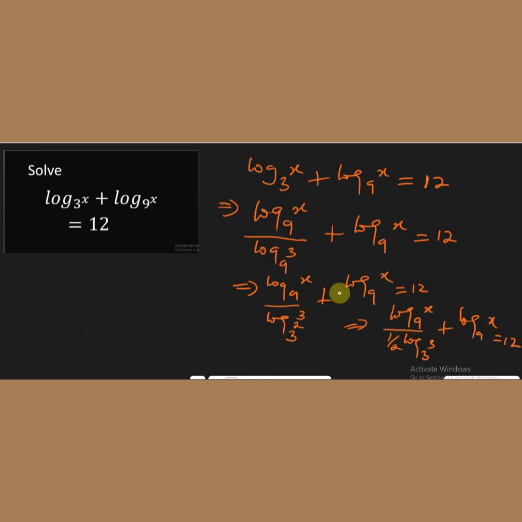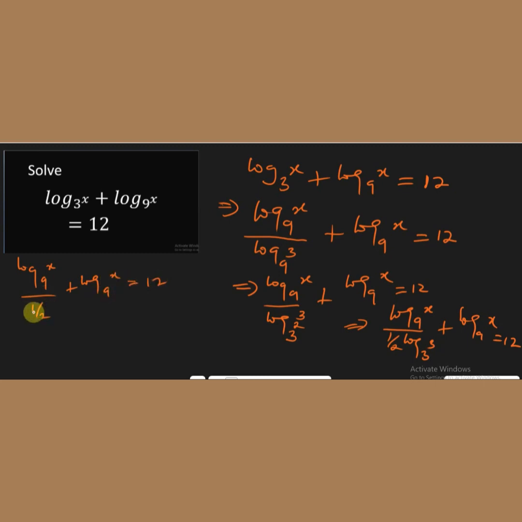So bringing this, I'm going to have log 9 raised to the power of x divided by, remember I said that log of its own base is 1. 1 times half is half. So I'm going to have 1 over 2 here plus log 9 raised to the power of x is equal to 12.